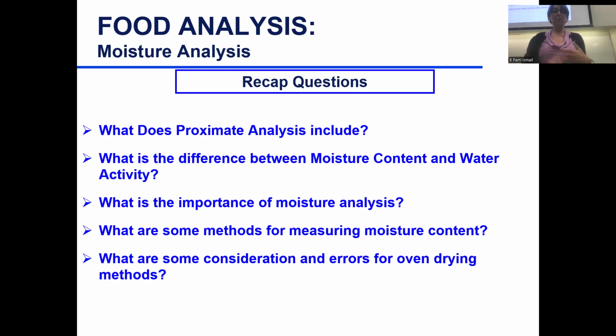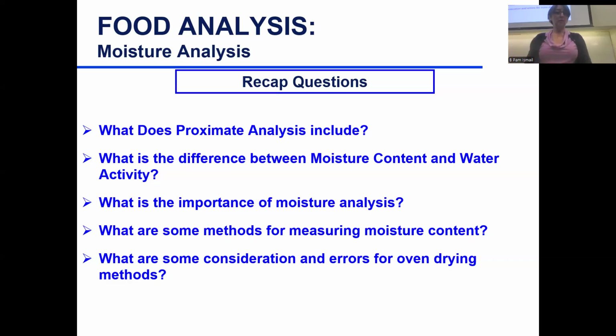What is the difference between moisture content and water activity? Moisture is just all water present in the sample, whereas water activity is the water available for chemical and biological reactions.